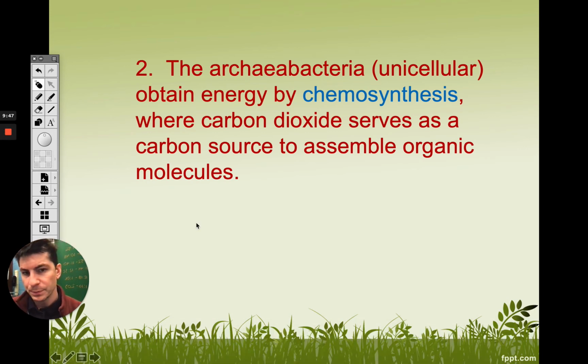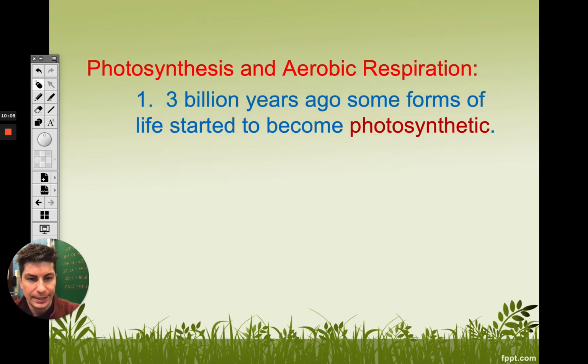But the difference between them is that with chemosynthesis, they are going to use carbon dioxide and assemble their organic compounds solely out of that, whereas photosynthesis, if you guys remember, needs sunlight in order to assemble glucose at the end. Chemosynthesis, no sunlight.